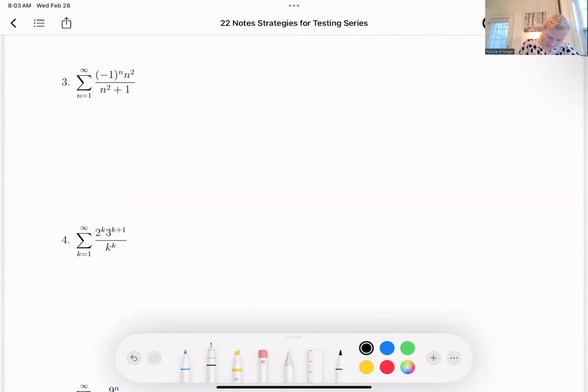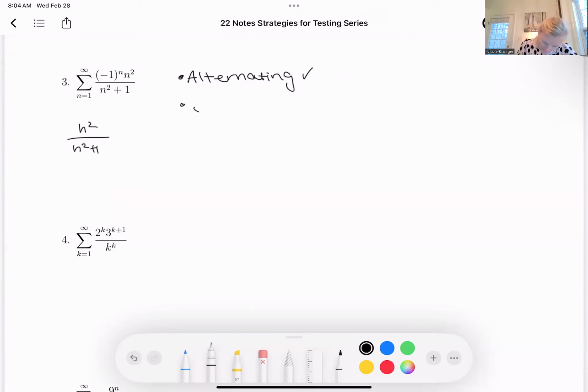So if I try the alternating series test, it's definitely alternating because of that -1 to the n. Okay, when I do the alternating series test, there are 2 more conditions we have to check. We have to look at the positive piece and see if the positive piece is decreasing and if the limit is 0. I always start with the limit because if that limit doesn't work out, then I can try a test for divergence.